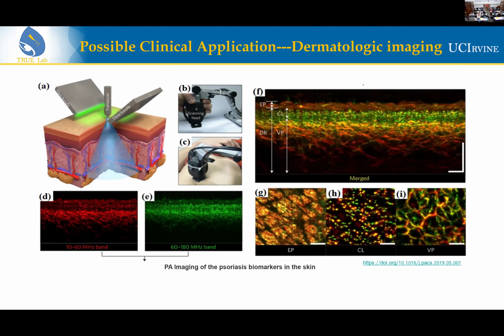You can build a portable device and really do the scan. Compared to OCT, for example, the resolution is comparable, but the imaging depth is a little bit better, up to, I would say, maybe 4 or 5 millimeter.